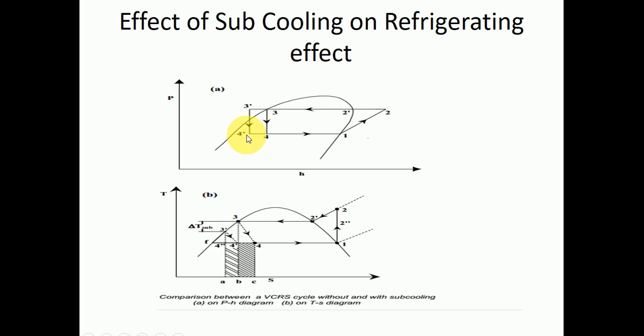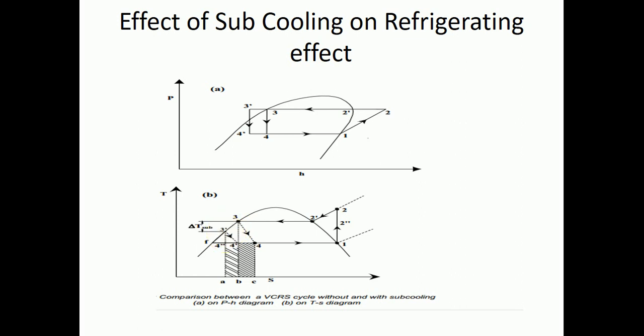In the T-s diagram, from 3 to 4 we have the actual cycle, and from 3 dash to 4 by subcooling, we are lowering the temperature of the liquid after condensing it.